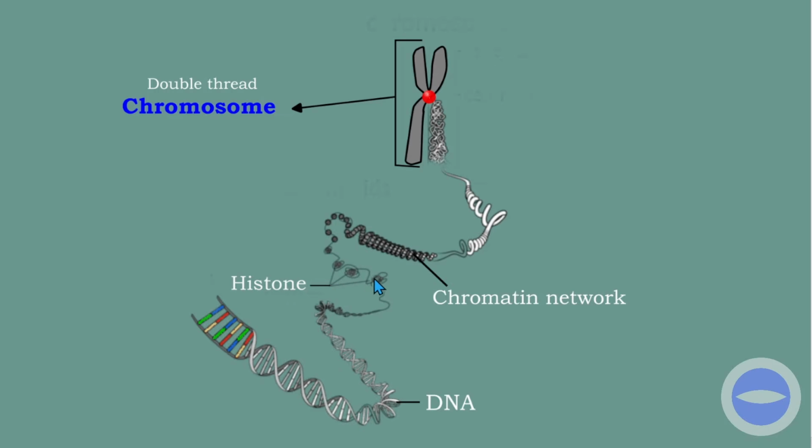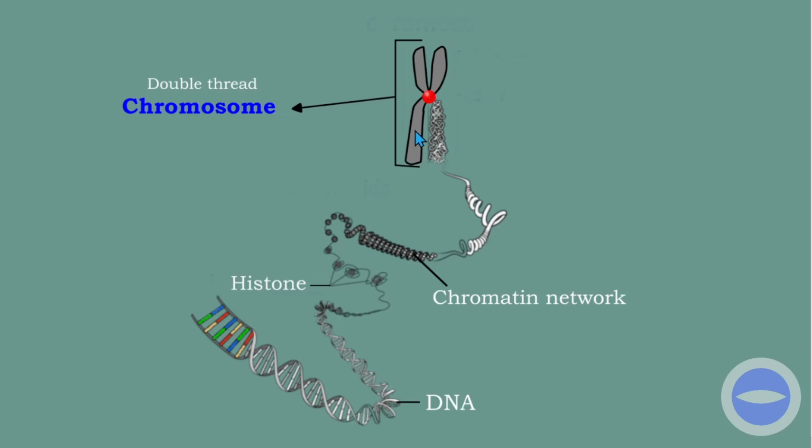When the DNA is wrapped around the protein, this section we call the chromatin network. This chromatin network becomes more wrapped and more condensed, and then it makes a chromosome. So a chromosome is this structure. This structure is a double thread chromosome when it's double like that, or a replicated chromosome.